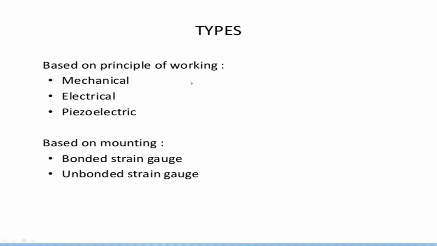Depending on the principle of working, different types of strain gauges are manufactured: mechanical strain gauges, electrical strain gauges and piezoelectric strain gauges. These are based upon the working principle. The next one, based upon mounting, is the bonded strain gauge and unbonded strain gauge. Based upon mounting means attachment to the object.